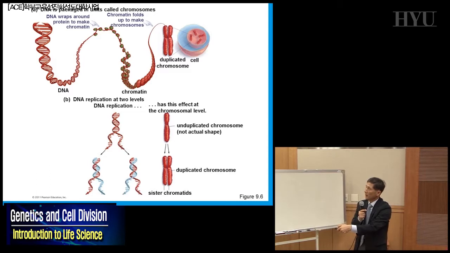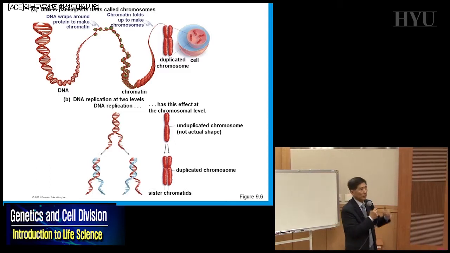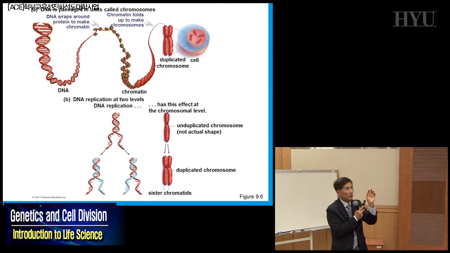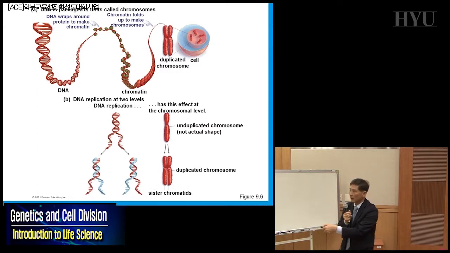Then think about your traditional home phone that has a cord, right? The telephone cord wraps around one more time and several more times. Now you can see, not with your naked eye, but by microscope. They are dense enough, you start to see. And those things are in the nucleus.